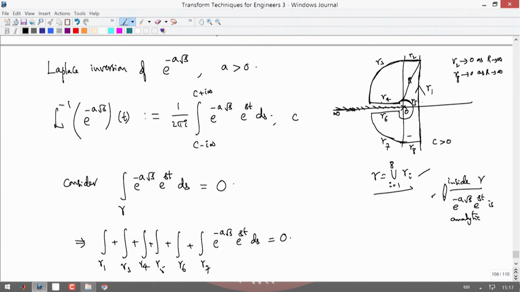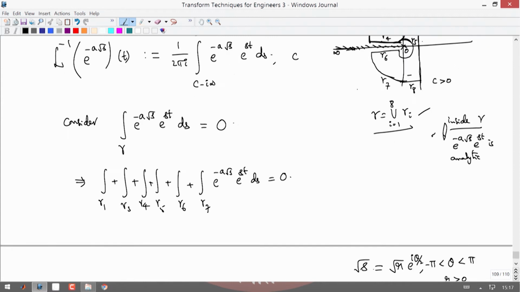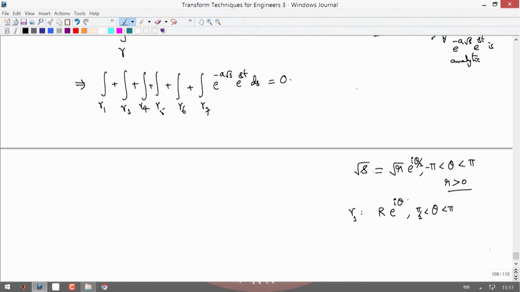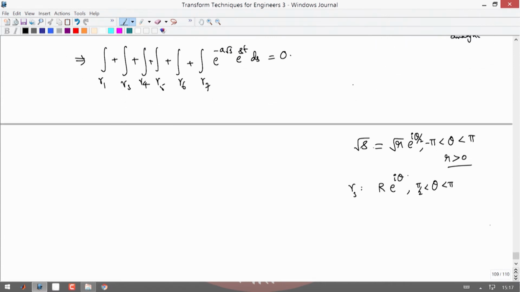Theta is pi by 2 here, and when you come here, it is pi, this is 0, pi by 2, and then this is pi. So, we have this.